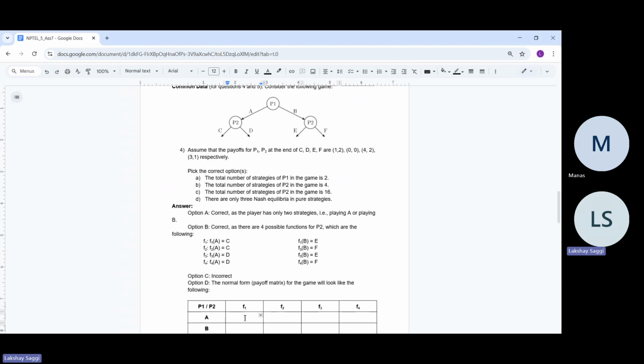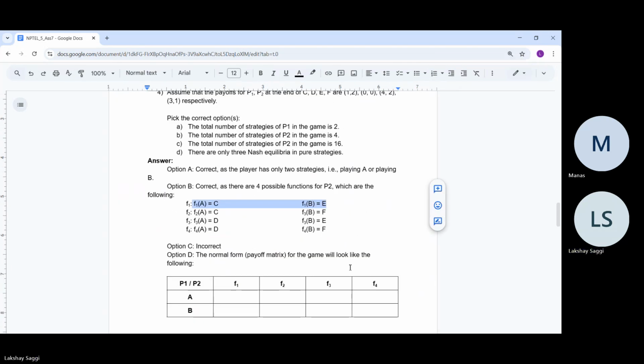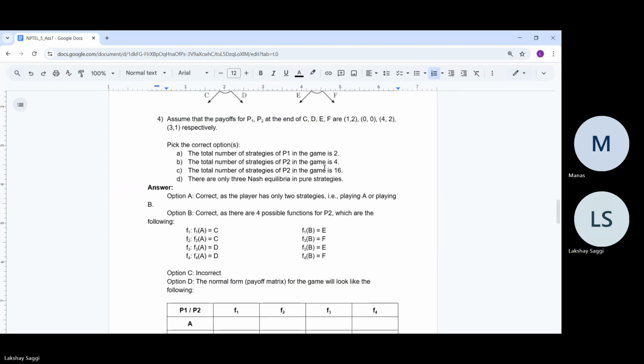And so let's see if player two decides to play the strategy F1. So this is the strategy for player one. Right.